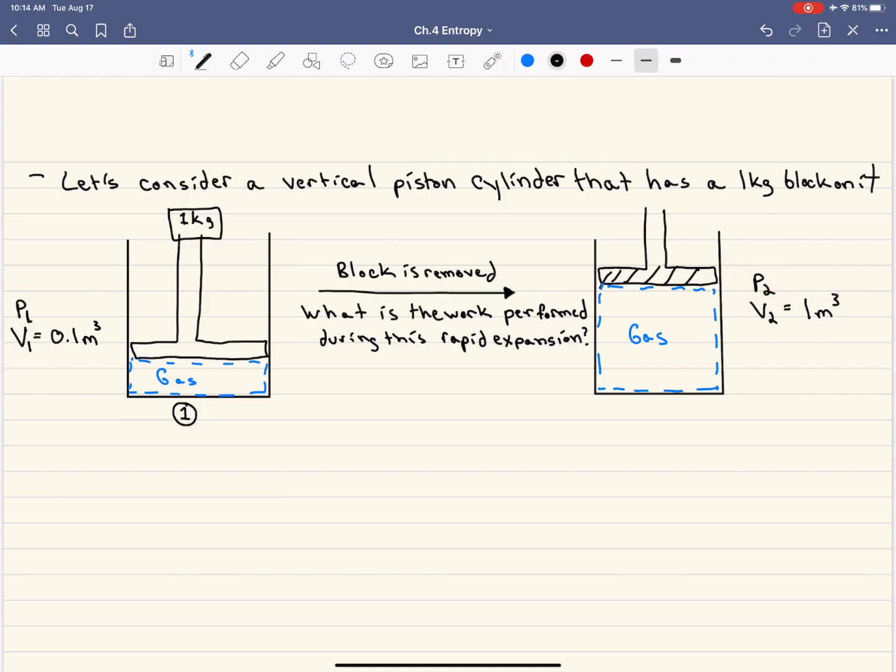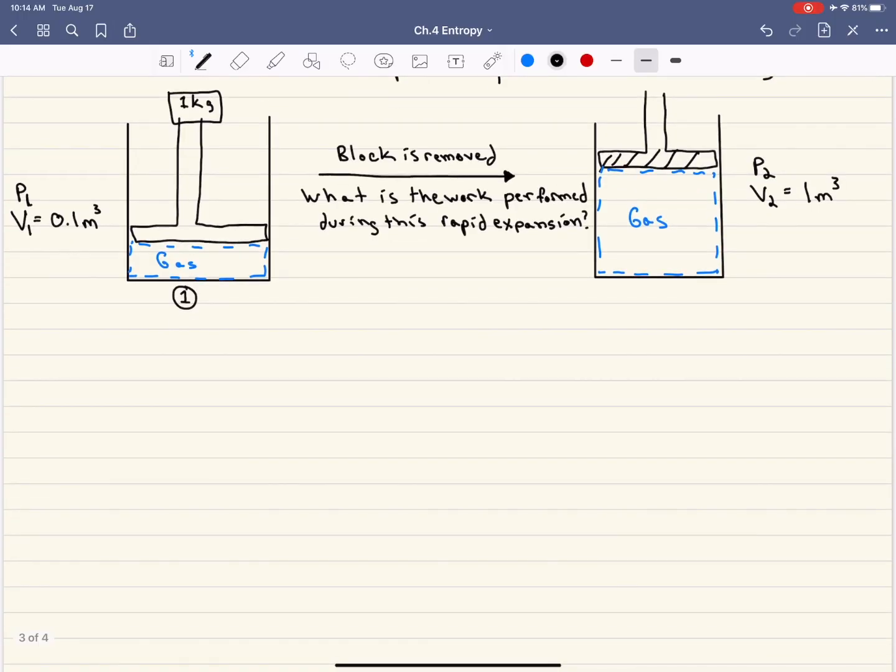To help simplify our analysis, when we mathematically model this process, we're going to break it up into 2 steps, or think of it occurring in 2 steps.